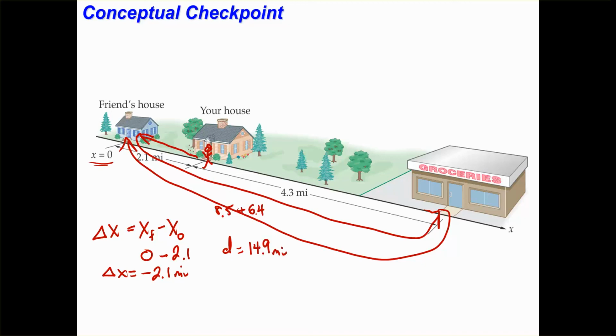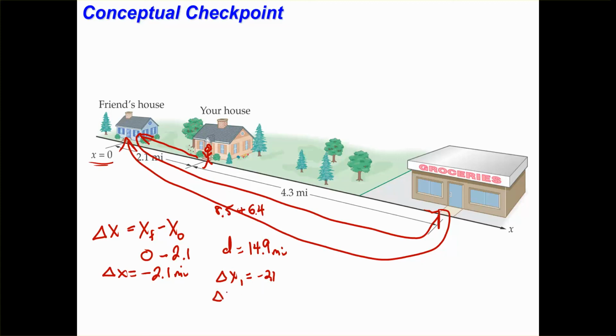What's a way that we can relate displacement to distance traveled? Well, it seems that individual displacements are related to distances traveled as long as we're not changing direction. So let's say the trip from you to your friend's house is one trip. The displacement for that first trip is going to be -2.1 miles.